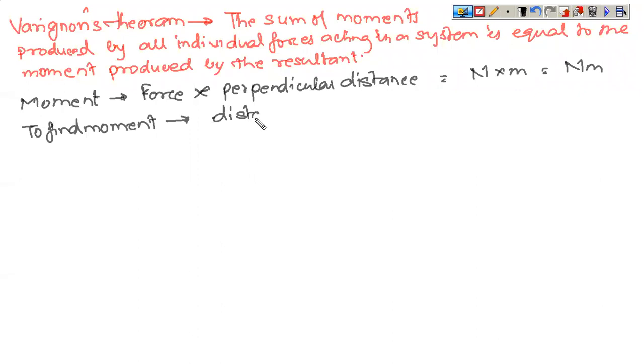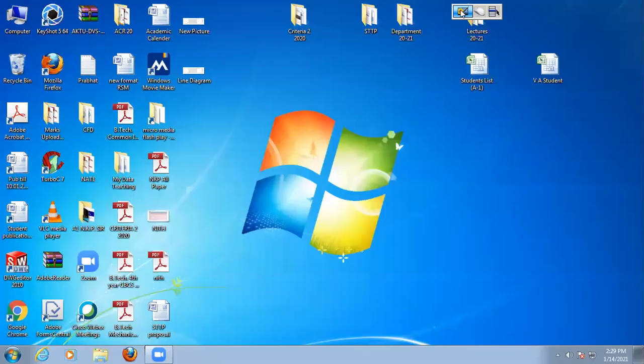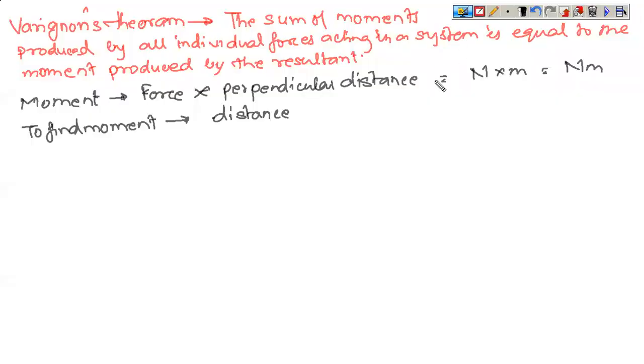We need distance. So the first thing that we need to know is the reference point. What is the reference point which is governing this distance parameter? Once the reference point is known, we can calculate the moment as force multiplied by perpendicular distance.